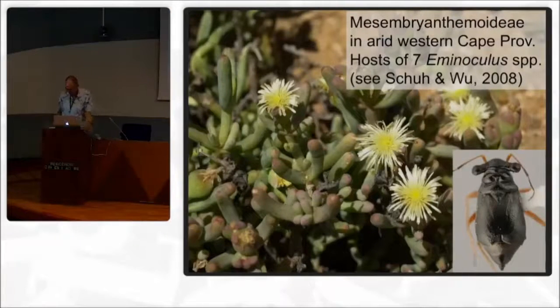First, using specimens we had collected, NSF summer intern Grace Wu and I revised the genus Eminoculus. You see one of the species in the lower right. All 7 known species of which feed on the endemic Mesembryanthemoideae, sometimes called ice plants. We described five of those species as new as a result of our field work.